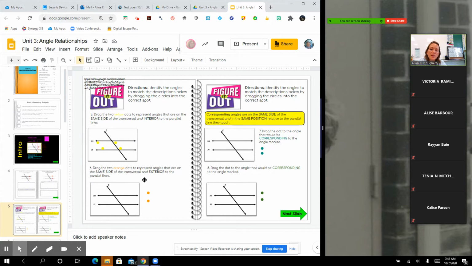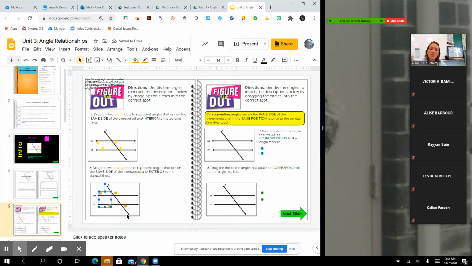So if I'm looking for same side exterior, I want to put 1 on the right side and 1 on the left side. They're both on the right side, but they're outside the parallel lines. So they're on the same side of the transversal, but outside the parallel lines. We could also put them over here.